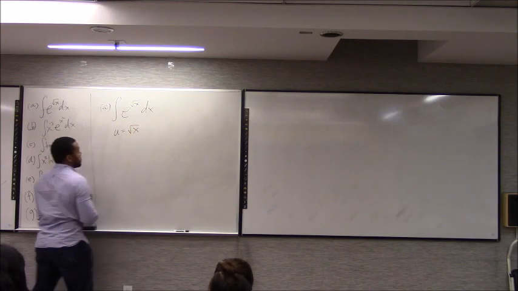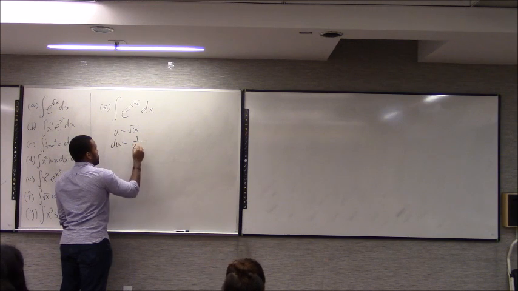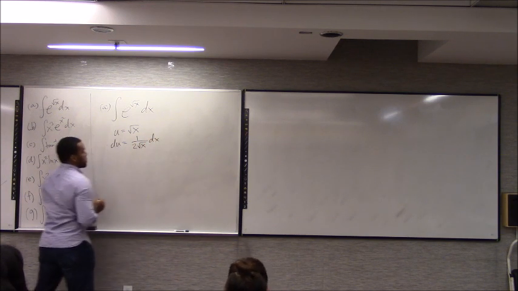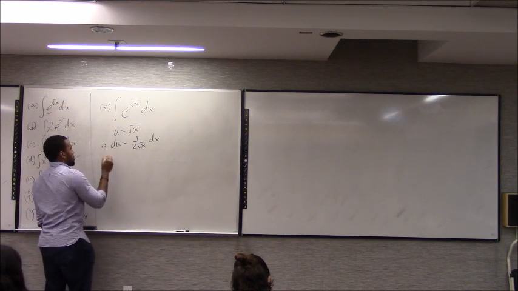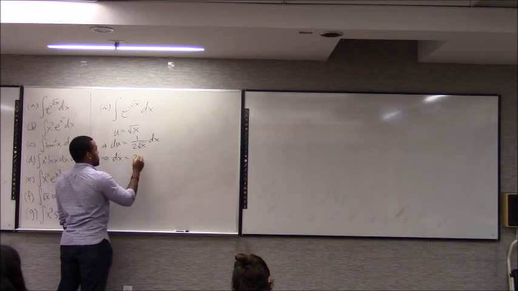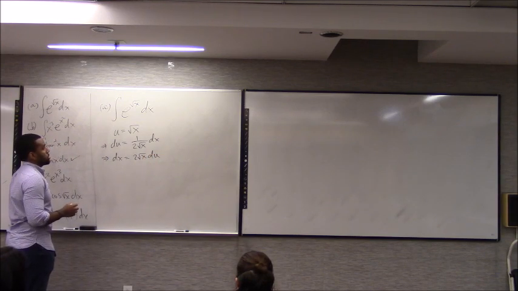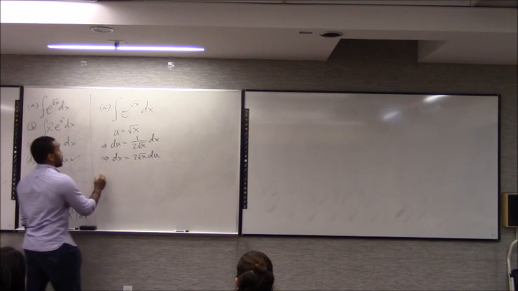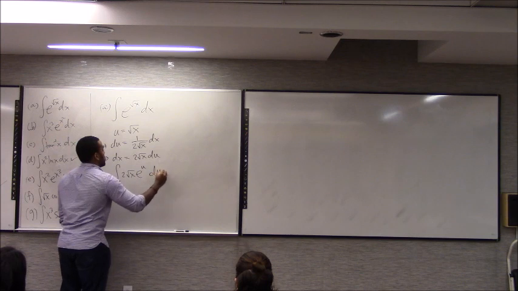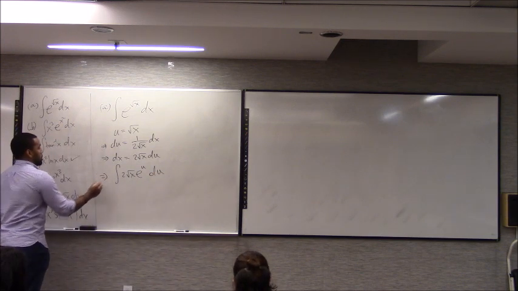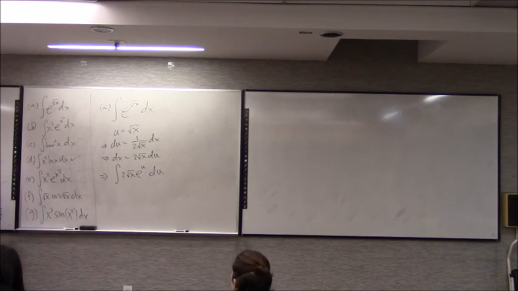And then I differentiated to find du. So du dx is equal to 1 over 2 root x, so dx is equal to 2 root x du. And so now you have 2 root x e to the u. You can factor out the 2, change the root x to a u, and then use the tabular method.